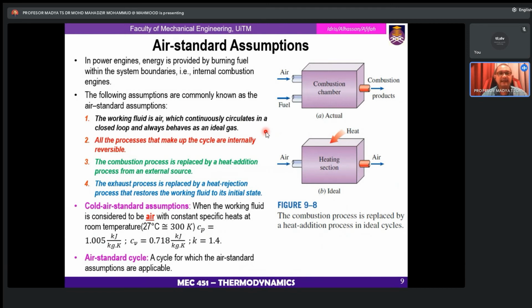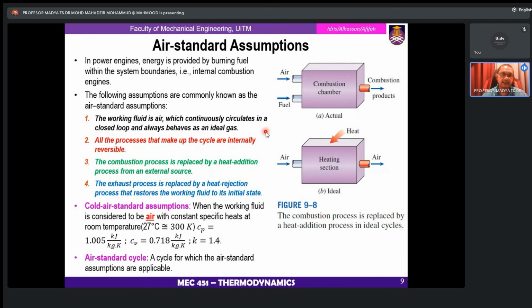In power engines, energy is provided by burning fuel within the system boundaries, for example internal combustion engines. For this reason, the assumptions known as the air standard assumptions must be applied.